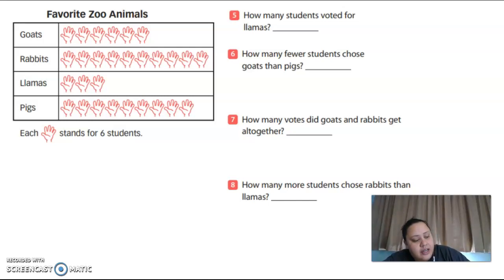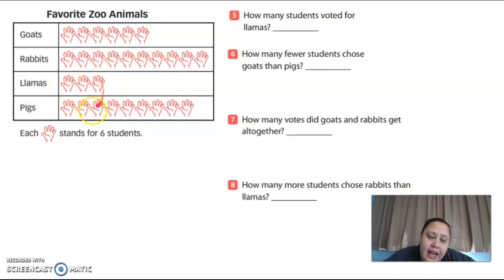So it's actually 36 goats. 36 students chose goats as their favorite. Now rabbits, we have 1, 2, 3, 4, 5, 6, 7, 8, 9, 10. So 10 times 6. So 60 students chose rabbits, much more than goats.